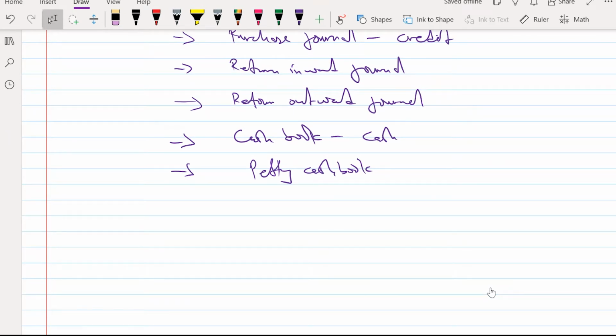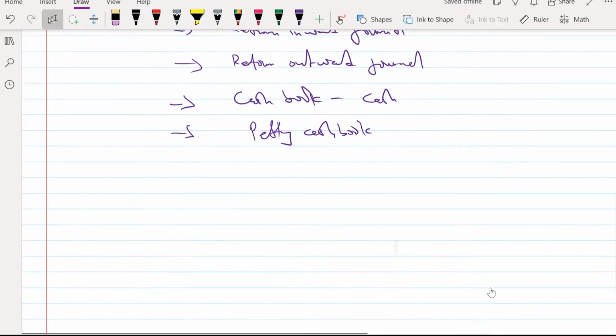Let me use that word. And from the trial balance we have the profit or loss. From the profit or loss we have the balance sheet or the statement of financial position. From there we have the cash flow statements. Of course, that's basically the final accounts.